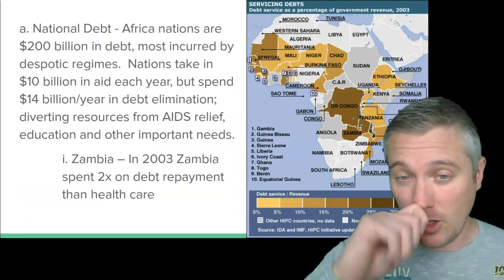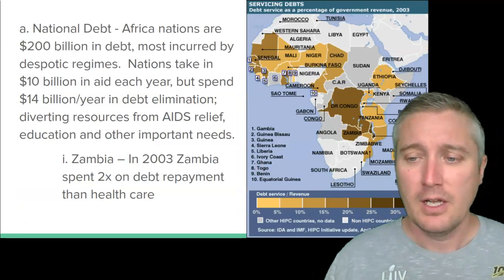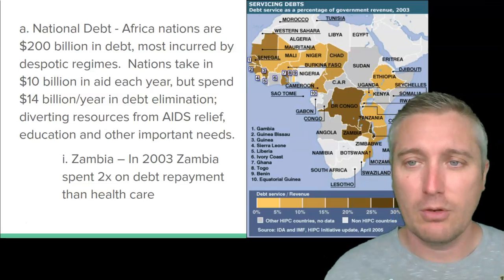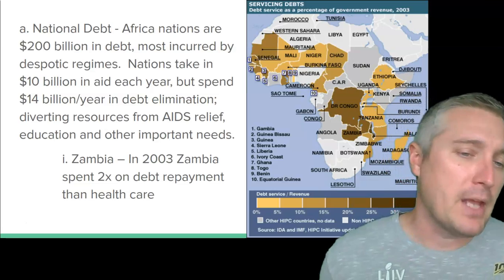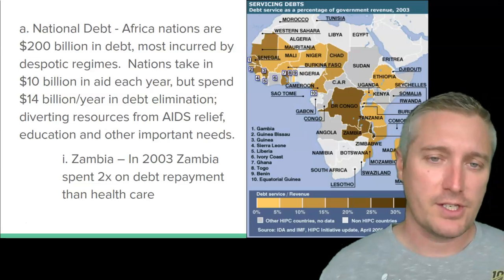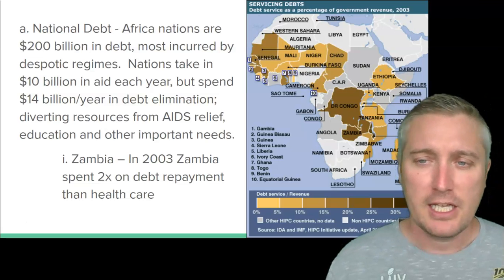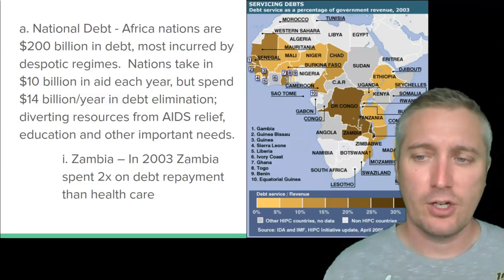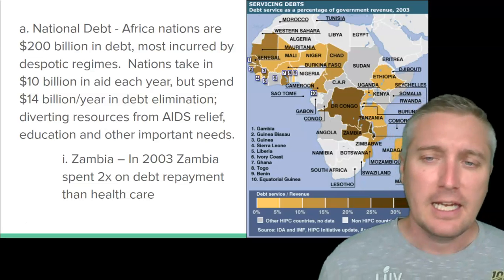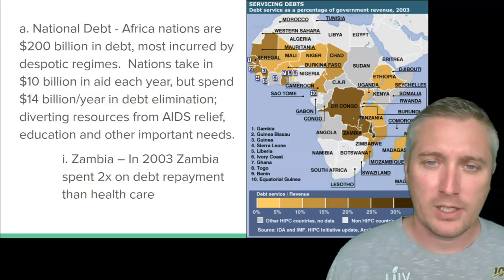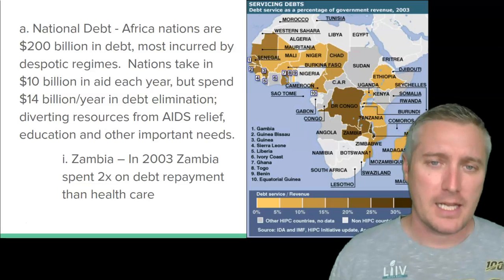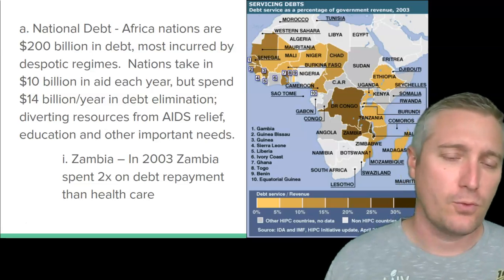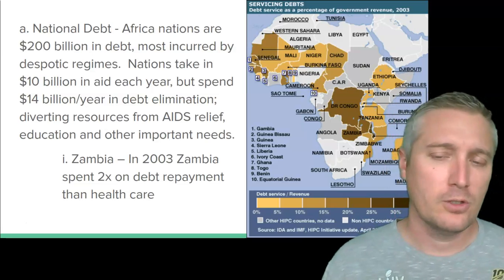And many of them are farmers, so it's not as if they're in an industry that can all of a sudden boom. Now, a big reason for all of this poverty is because many of these nations have taken on tremendous amounts of debt. In our last unit, we looked at some organizations that lent money to very poor nations for either infrastructure or whatnot.